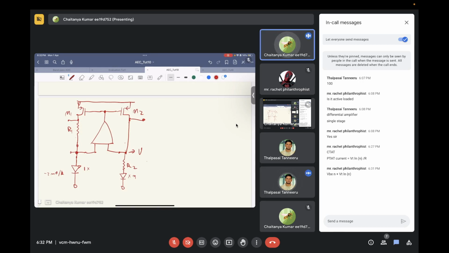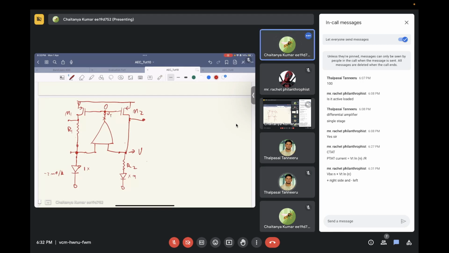We did this exercise, right? To ensure the circuit is in negative feedback, you basically cut the loop at some high impedance node. Is this node a high impedance node? Yes, sir. Okay, so if we cut the node over here, let's call this voltage V test.